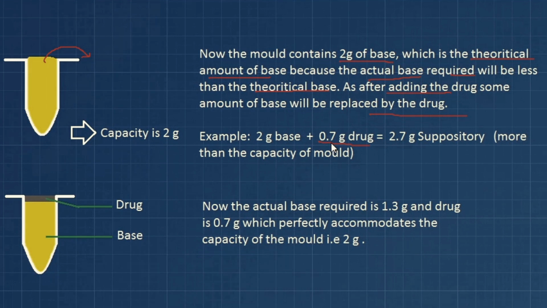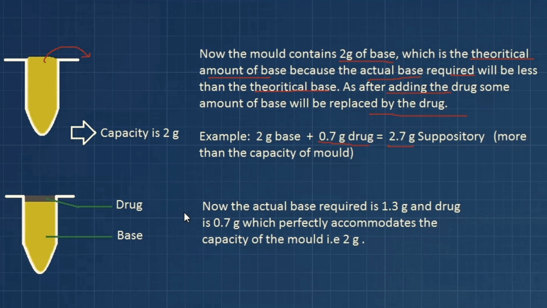So when we add 0.7 gram of drug, then the total suppository weight will be 2.7 gram, which is much more than the capacity of this mold. So it cannot happen. Some amount of the base has to be replaced by the drug.